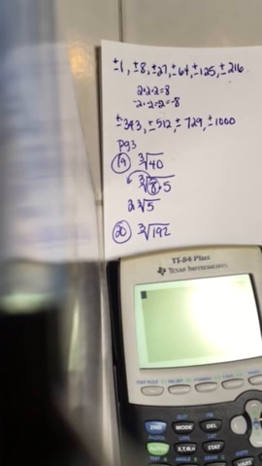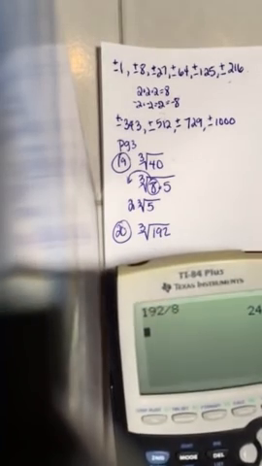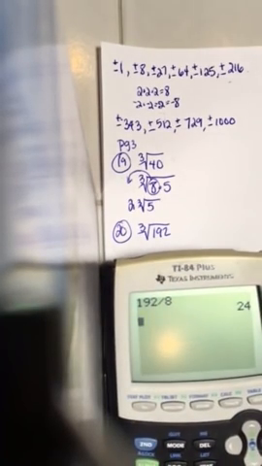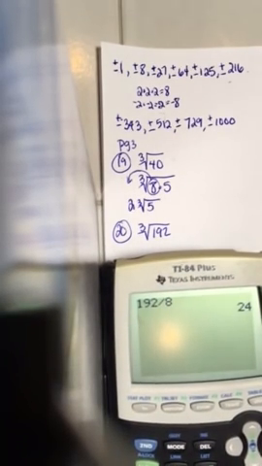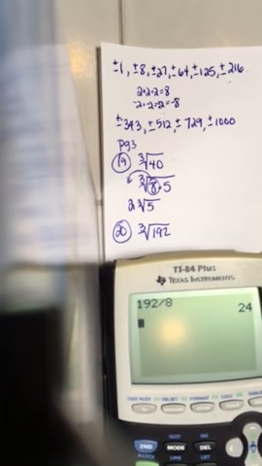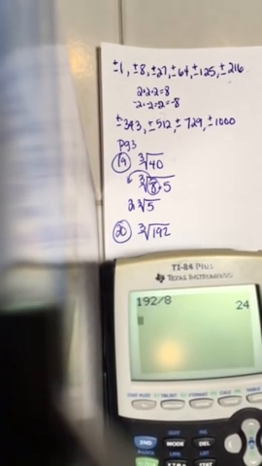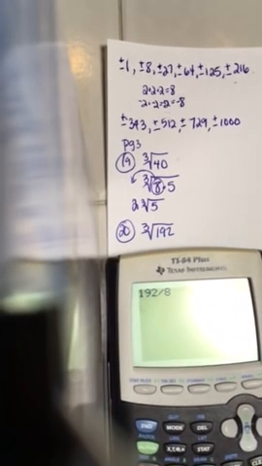I'm going to try 8. 192 divided by 8. Okay, 24. Well, if it is divisible by 8, but it gives you 24, you know, 24 is also divisible by 8, so it's not high enough. Go ahead and try another number.